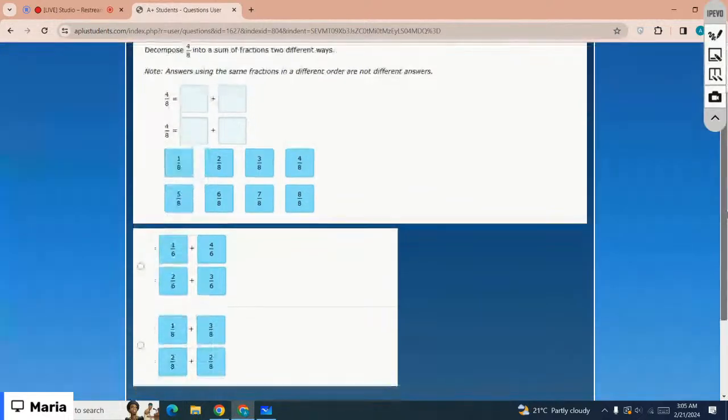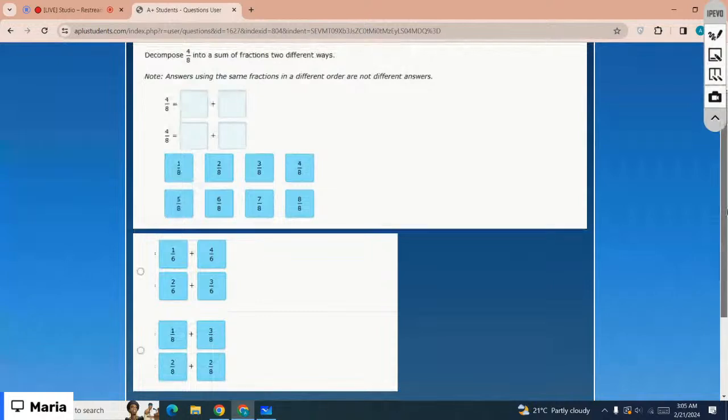You have to make 4 over 8, right? So which is the correct option? Option 1 or option 2?